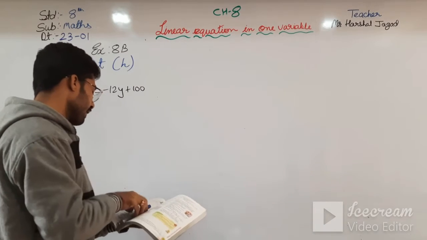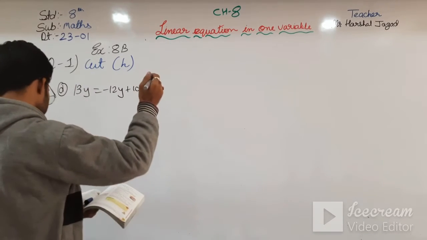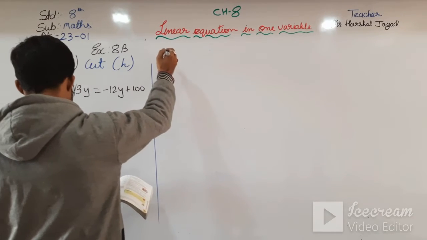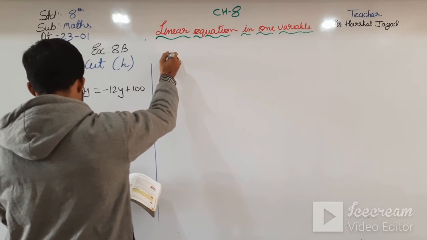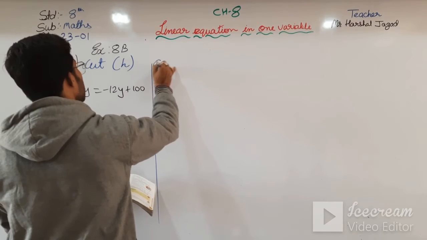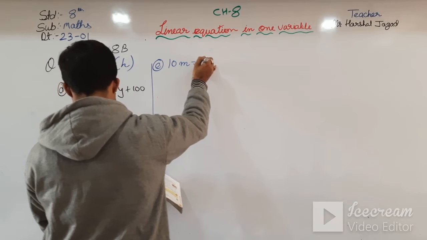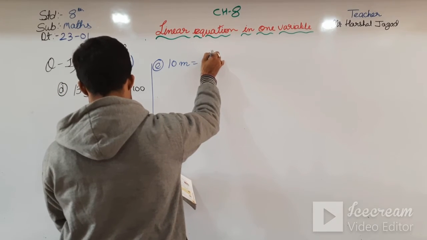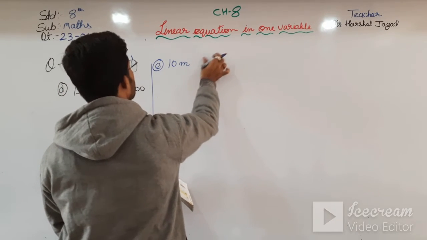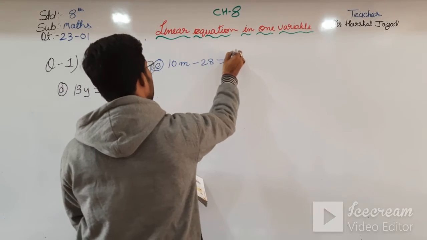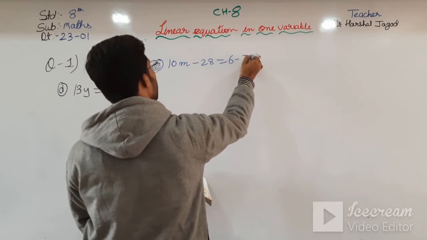Then after another we will do e, which is 10m is equal to minus, sorry, 12m minus 28 is equal to 6 minus 7m.